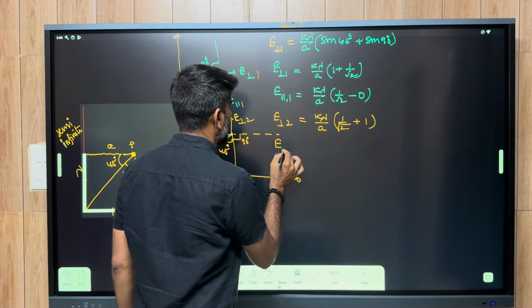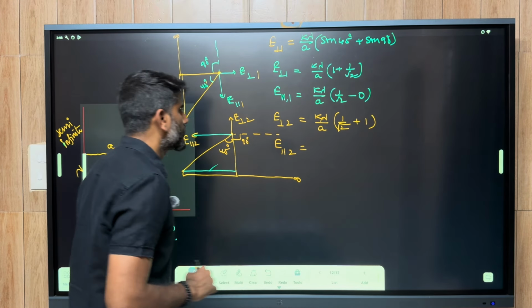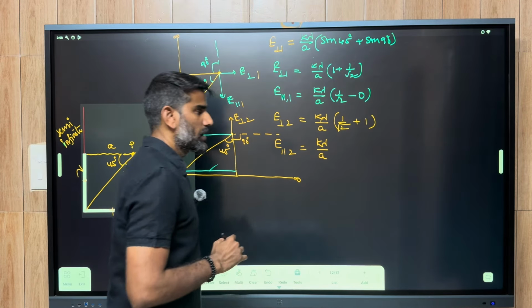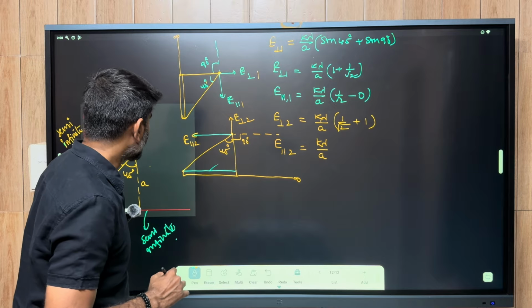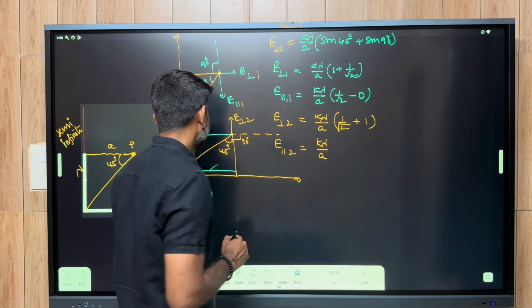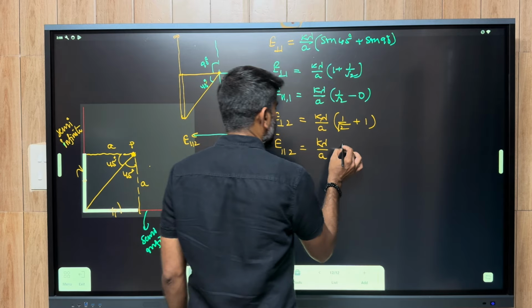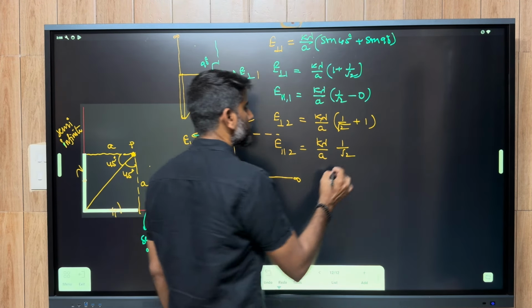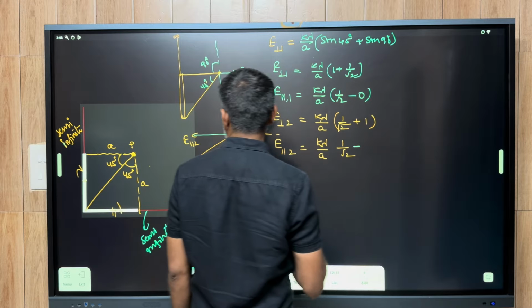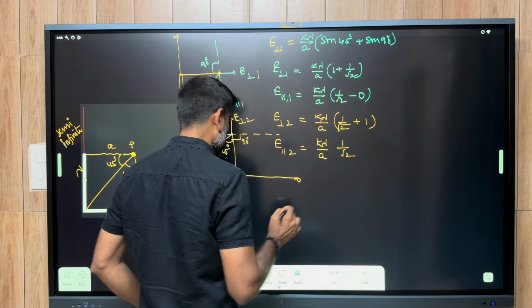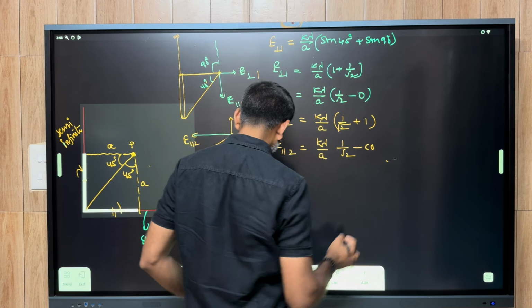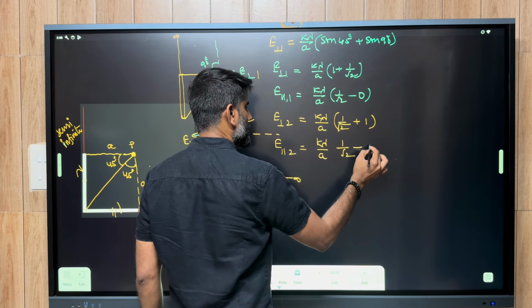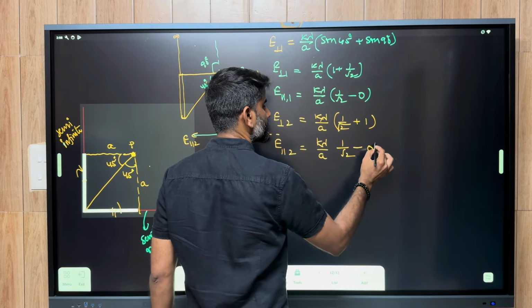Now, E parallel, which is k lambda by A cos 45. Cos 45 is how much? 1 by root 2, minus cos 90. Cos 90 is how much? 0.